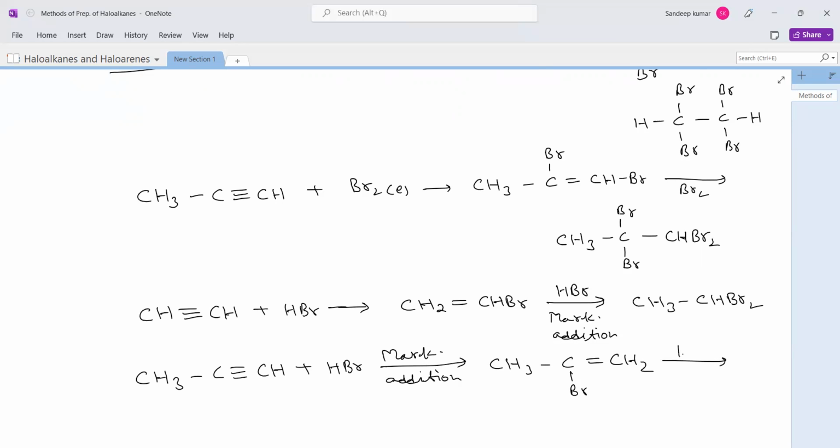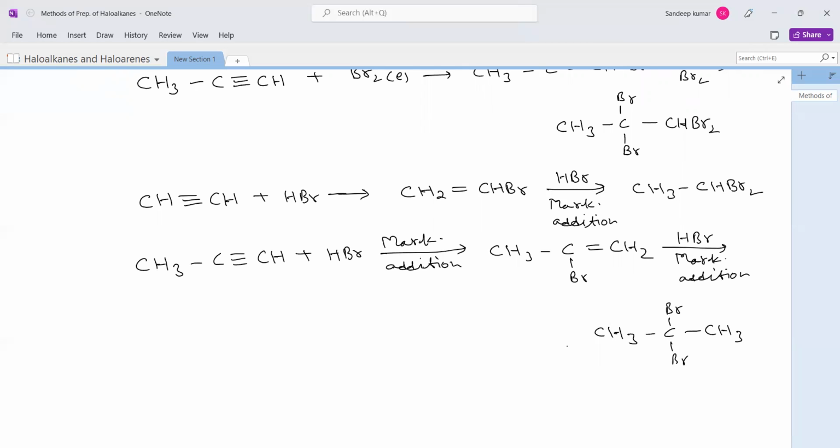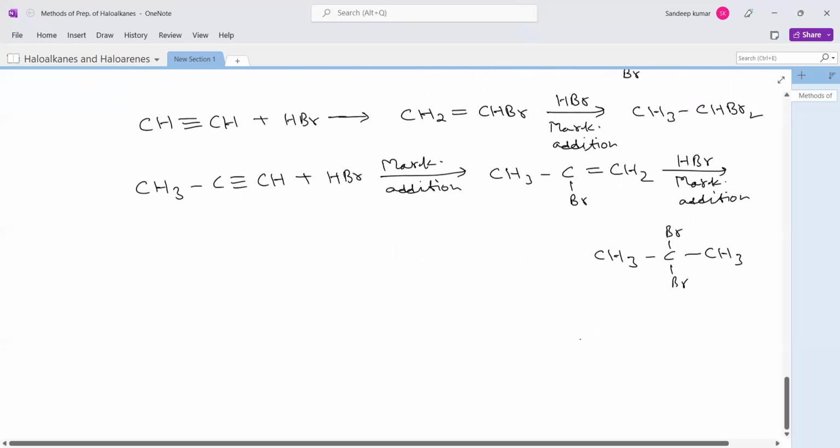Again, when we add HBr to this, it will follow Markovnikov addition. This was about the addition reactions of alkynes.